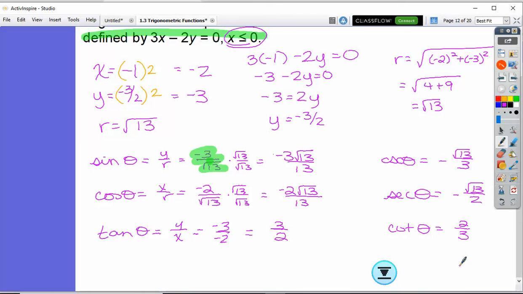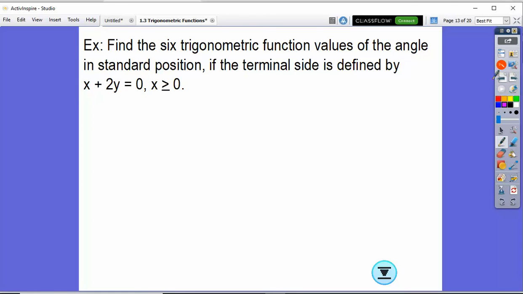Any questions there? Let's do one last example and then I'm done for today. So same thing. Here's our equation. X plus 2y equals 0, and my x is greater than or equal to 0.